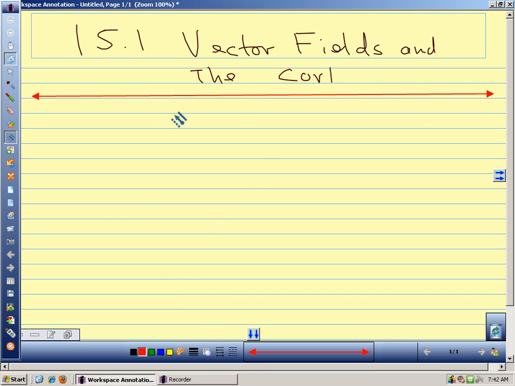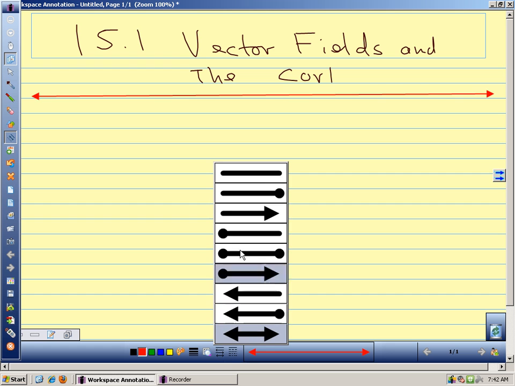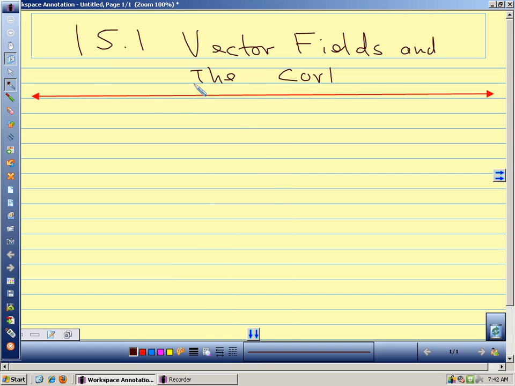The curl. So we'll get to learn today what the curl is. Some new terms, some new symbols. So that'll be fun. The other day, someone walked in here and looked at the board and they said, "Oh, vector fields. I hated vector fields."